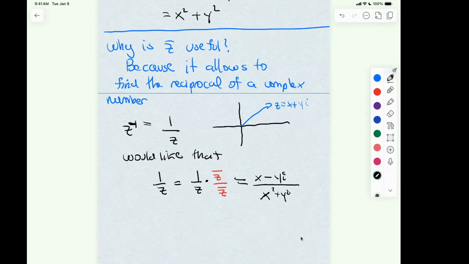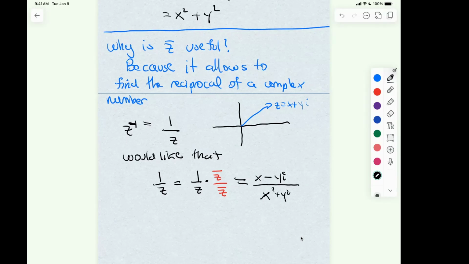Does that make sense? And if you were to draw this, what is the effect? So x minus yi is the usual reflection, but you're putting this number in the denominator, so it shrinks the number by this amount.